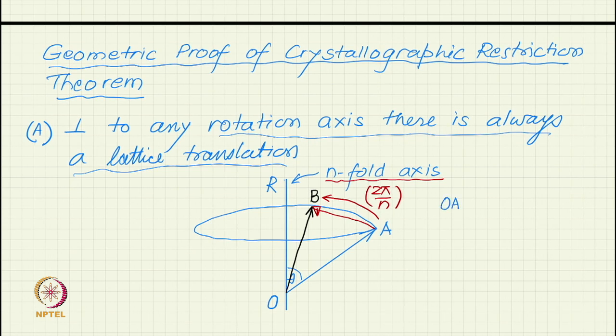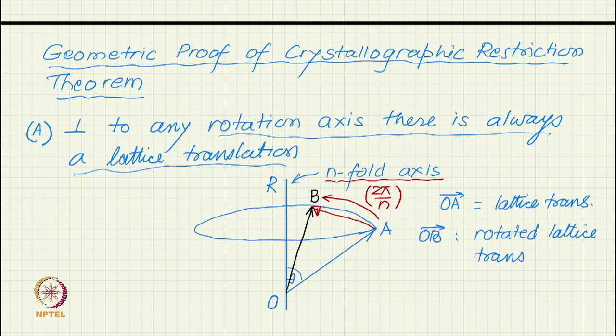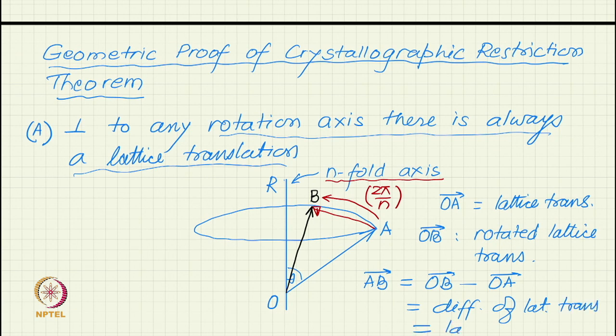So, OA is a lattice translation, OB is the rotated lattice translation, AB is OB minus OA, which is a difference. So, that is also a lattice translation.